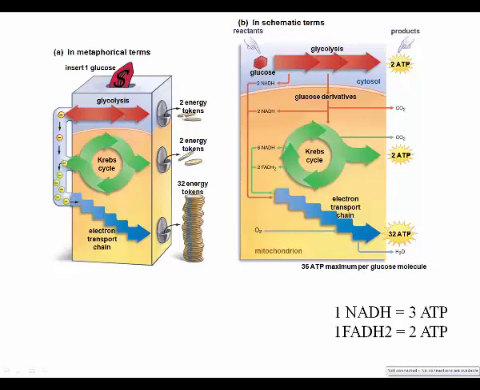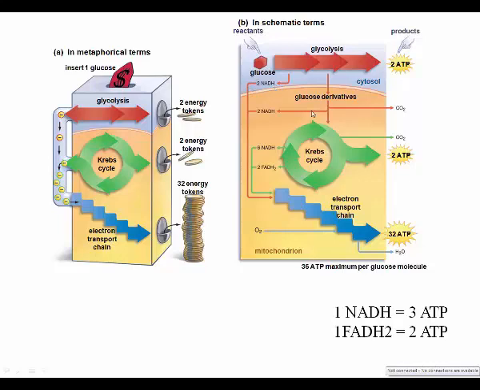Glycolysis produced 2 tokens of energy, 2 molecules of ATP. And some high energy electrons were also siphoned off of glucose, and they're being stored to be put into the electron transport chain. Those high energy electrons are in the form of NADH.